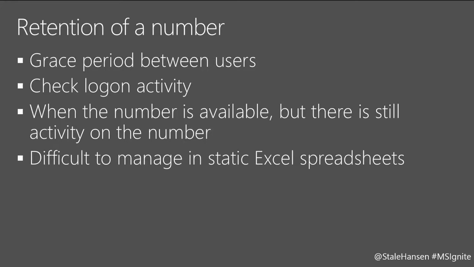But we can also check on activity on the number, and that is also information that is present within the CDR database. So we can check if there's an inbound call to that number made within the past 30 days or 60 days or whatever, then we want to retain the number if there actually is activity on it, either if it's a retained number or a number that is not assigned but there is activity there.